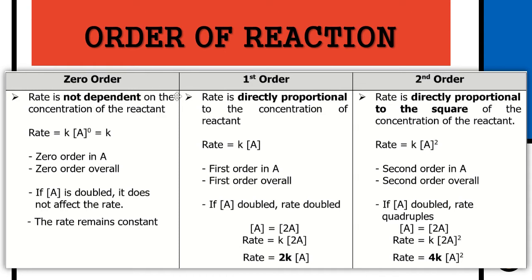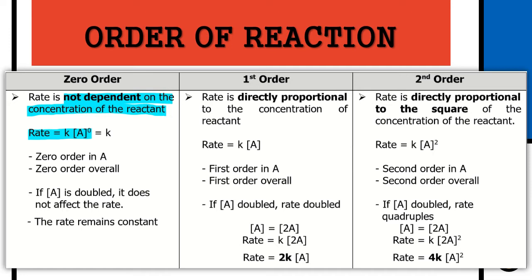For zero order, the rate is not dependent on the concentration of the reactant. This is where we put the rate law as rate equals K times concentration of A to the power of 0. As you know, any number to the power of 0 gives 1.